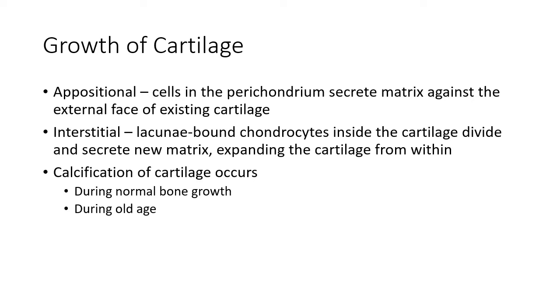And so the structures that are on the very outermost aspect are the ones that are increasing in quantity of that cartilage. We can also have growth from within, and so the actual inside can expand and push out as well. And so the combination of the two allows for growth of cartilage as we have it.